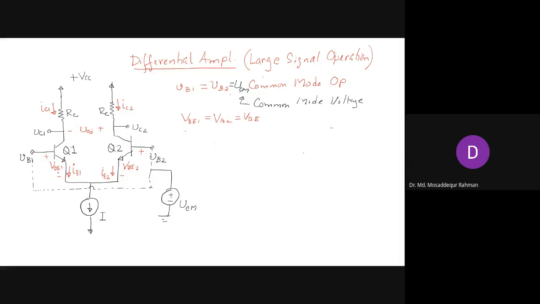And so if these two are the same, now we have a common voltage here. This is a common node. So we have a common voltage at this node, and what will the voltage be here? So this is the emitter point, right? So we can call it VE, voltage at the emitter.